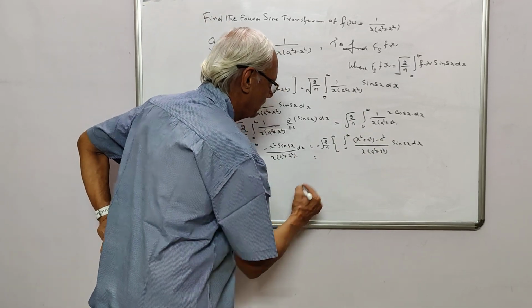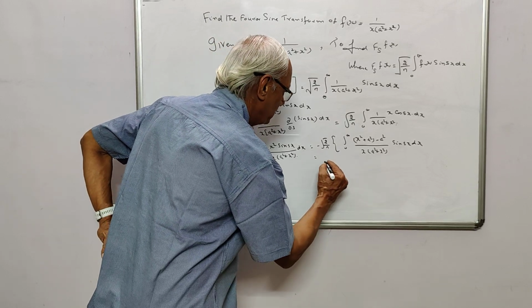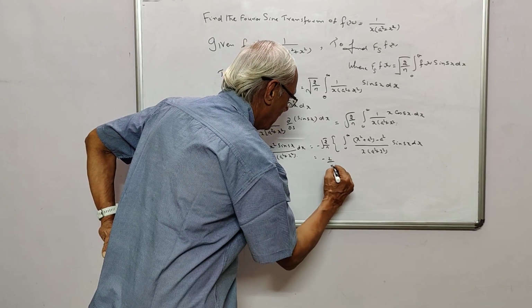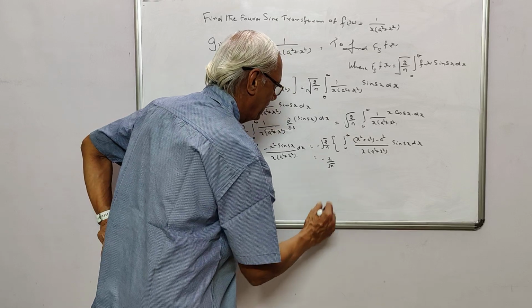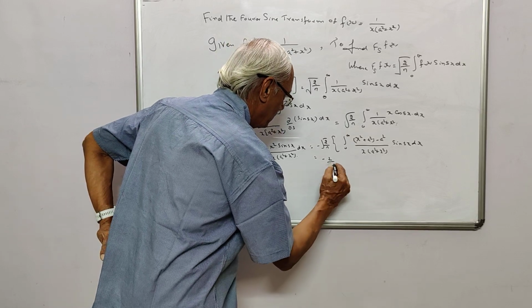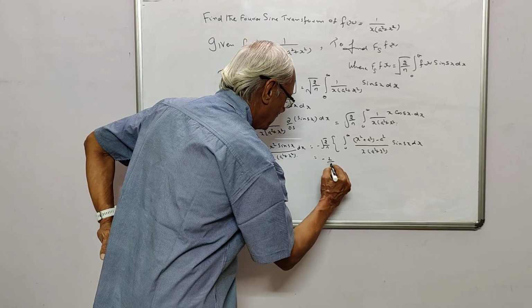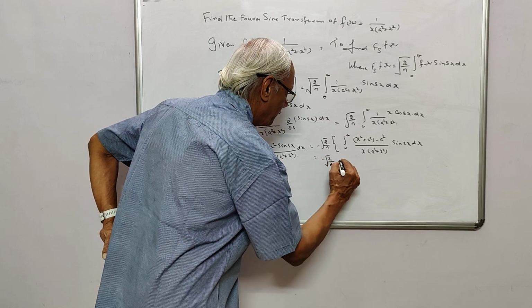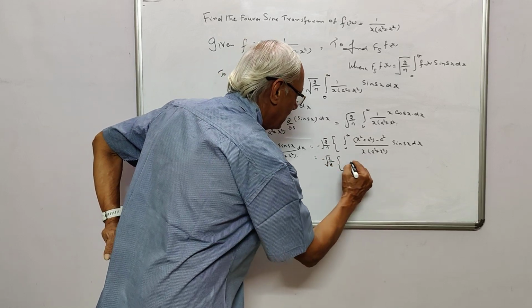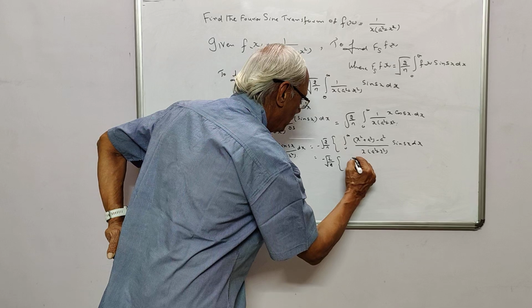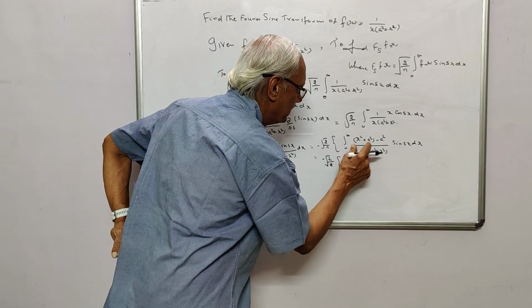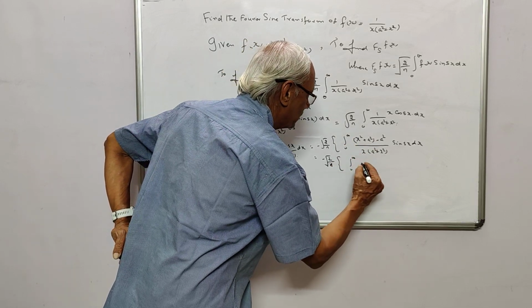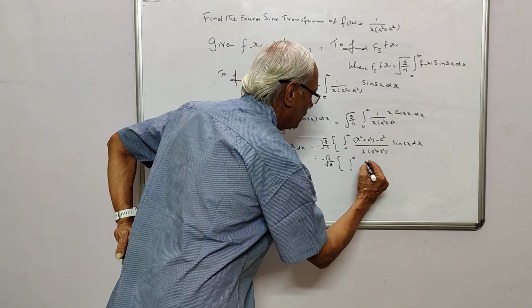So what is it that you get here? This is equal to minus 2 by pi. See, this is the integral of this. You can split it into 2, so just try to understand what I do here.